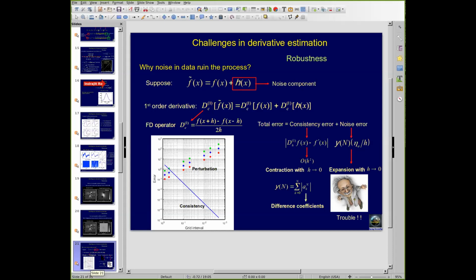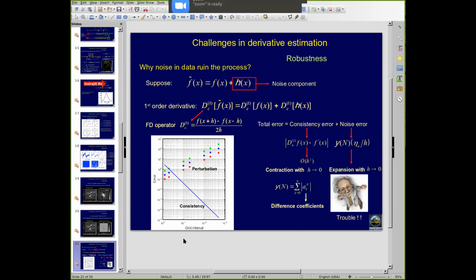When you use the first order derivative, two types of error exist. One is called the consistency error, which is due to precision. Basically, if you increase the order of the derivative, then precision becomes better and better. Another is the error due to noise.